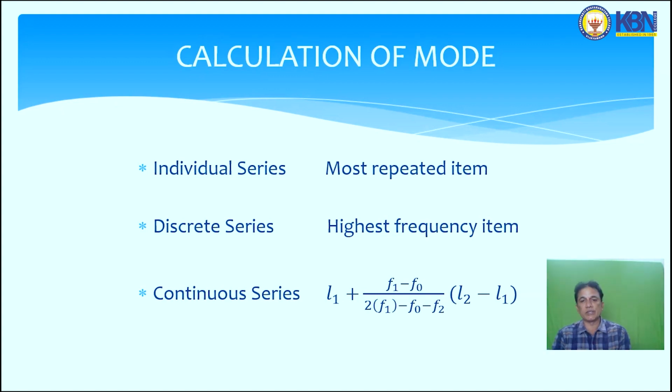In discrete series, the corresponding X series element of the highest frequency is taken as the modal value. We identify the highest frequency in the frequency column, and the corresponding X series element is taken as the modal value.